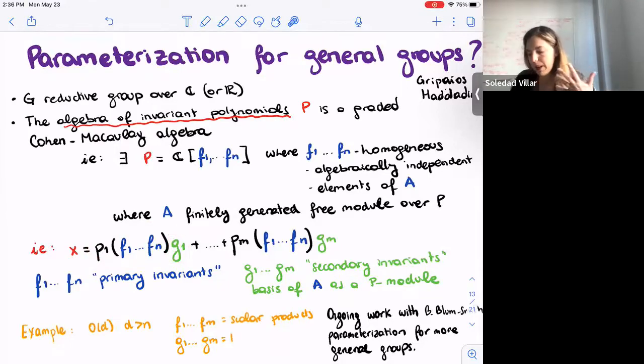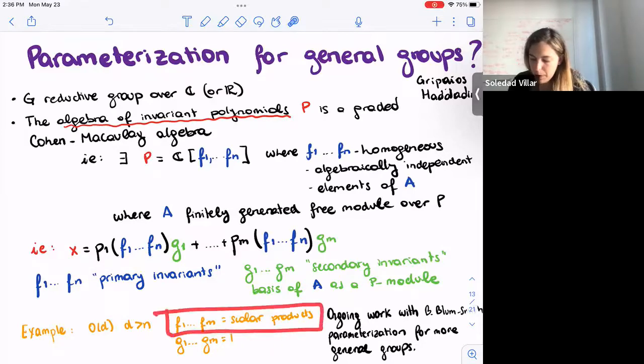In the particular case of OD in the example I was doing before, the primary invariants are the scalar products and the secondary invariants are trivial. And that gives us the characterization that we had before.